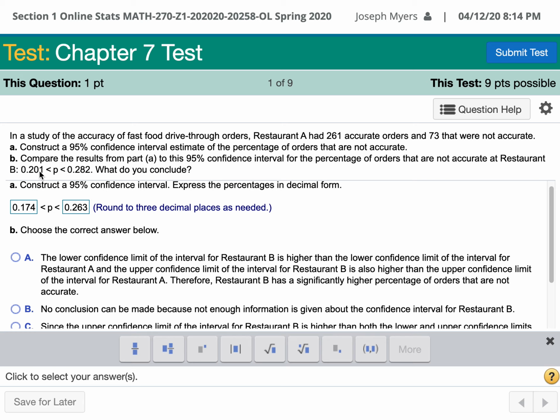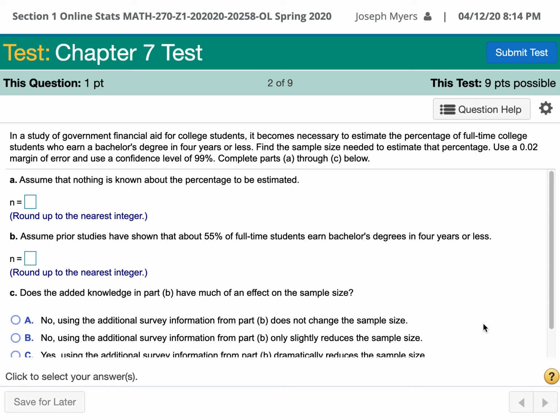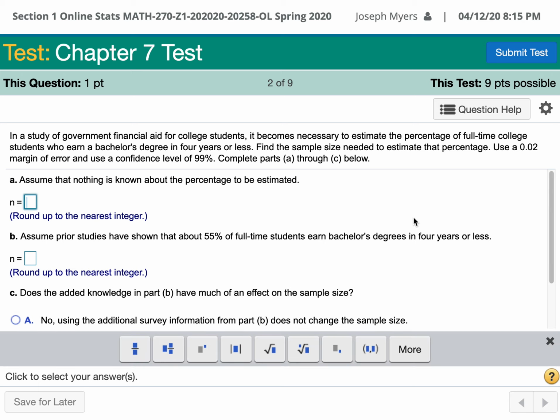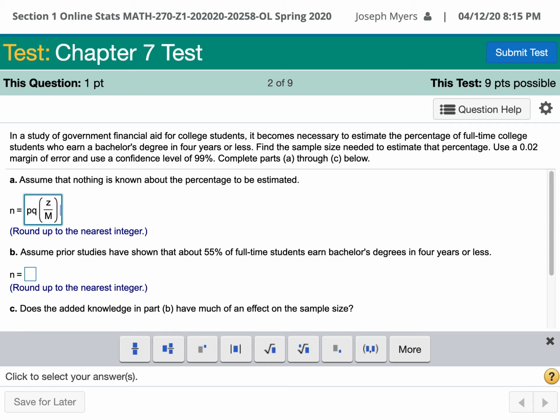All right. Now let's look at question 2. So in question 2, there's a formula that you can use. So the sample size needed is equal to PQ multiplied by Z over M squared.